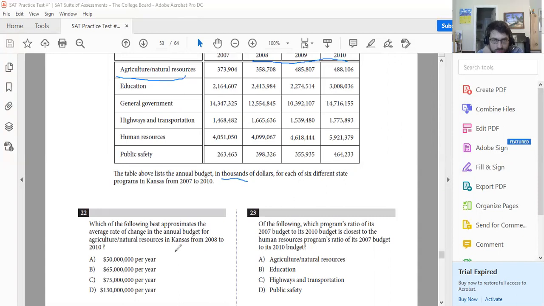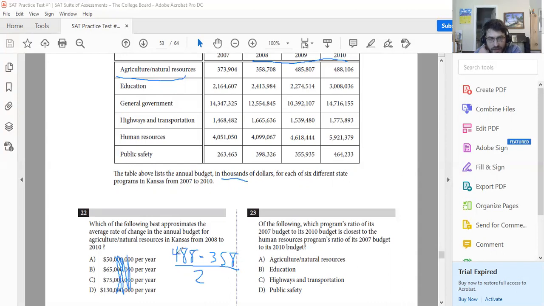So our total rate of change will be 488,000, I'll just leave off the zeros, minus 358, and that's over 2 years. So again, these are thousands of thousands. I'm leaving off the millions. All these answers are in millions, so we'll just ignore the millions.